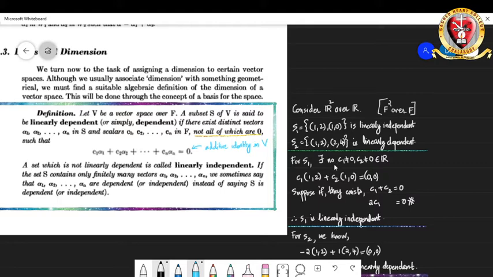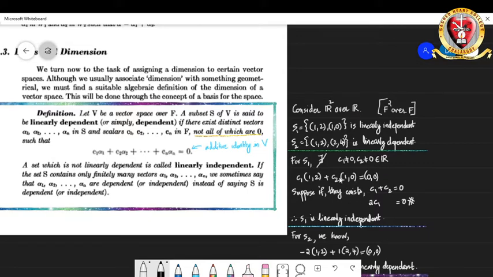Suppose we assume on the contrary that such scalars exist. Our claim is that this does not exist, but we are assuming that it does.